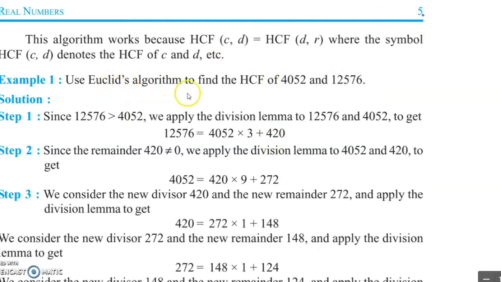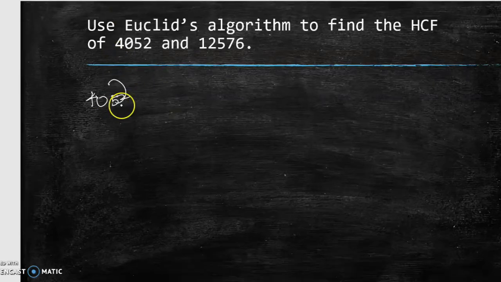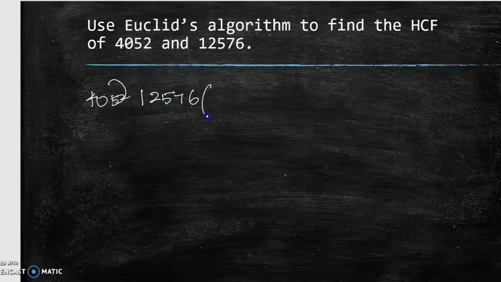Use Euclid's algorithm to find the HCF of 4052 and 12576. To start with, the same HCF method: the divisor is 4052 and the dividend is 12576.